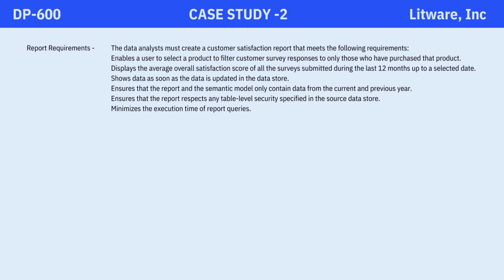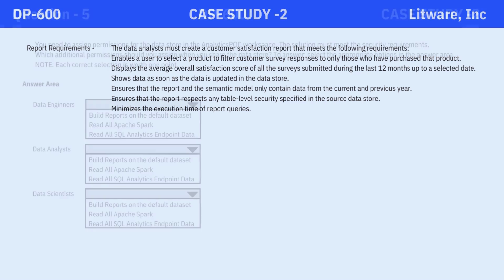Shows data as soon as the data is updated in the data store. Ensures that the report and the semantic model only contain data from the current and previous year. Ensures that the report respects any table-level security specified in the source data store. Minimizes the execution time of report queries.